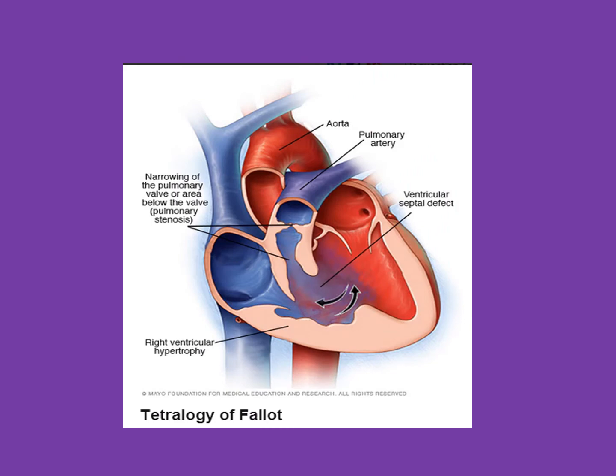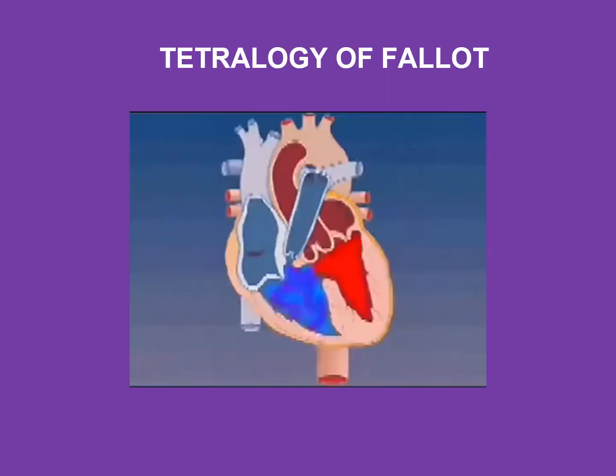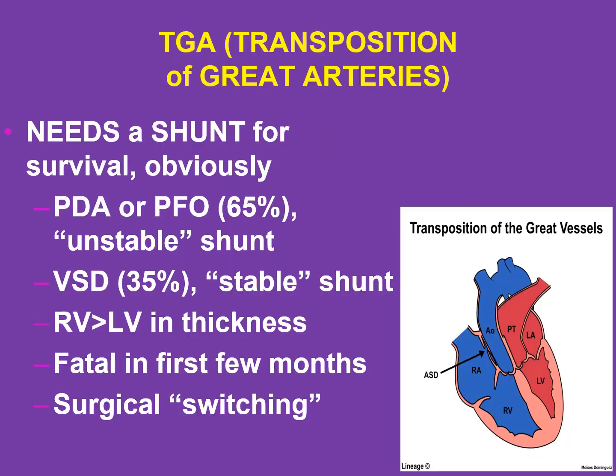So this is a schematic representation of your TOF. Again, another representation of your TOF showing the blood flow here. So you consider a mixture of blood originating actually in the large VSD.